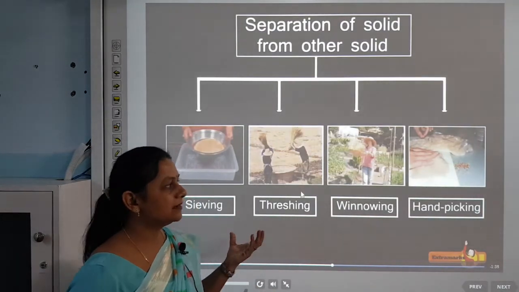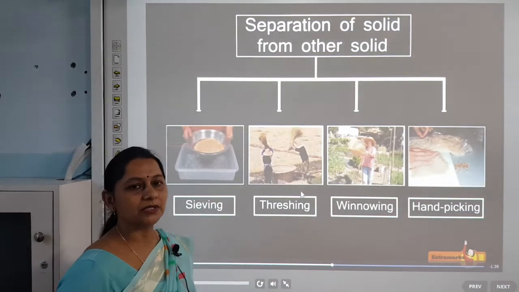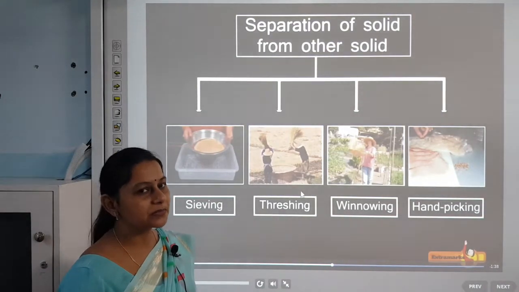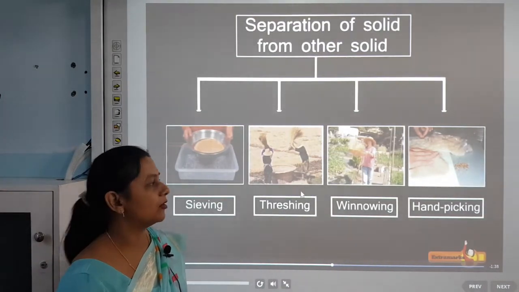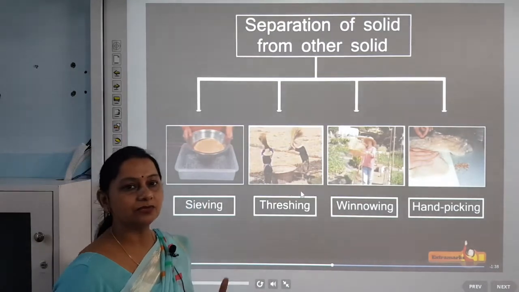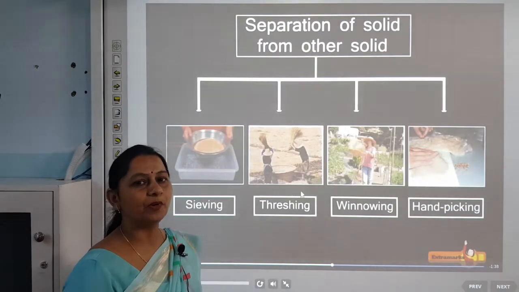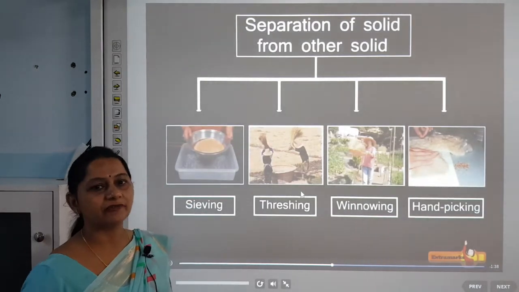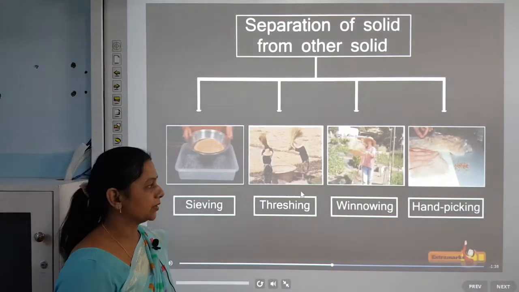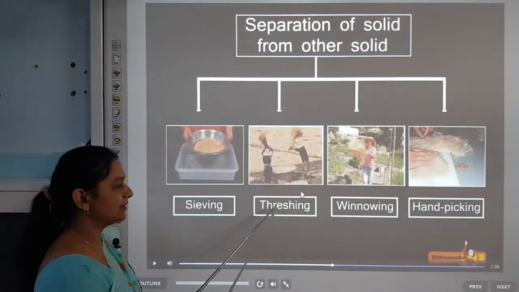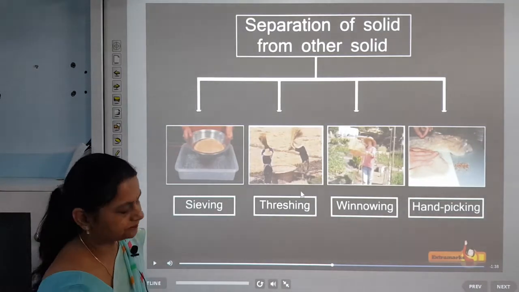So, to separate the components where the size is different, or to obtain the components in pure form, a sieve is used, and sieves having different size of pores can be used to separate different size of components. Taking up the next one, that is threshing.